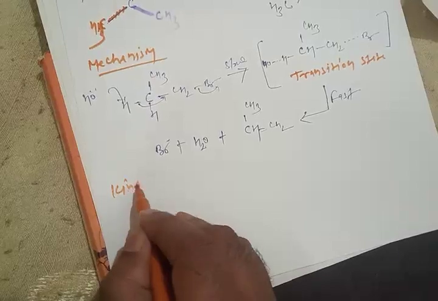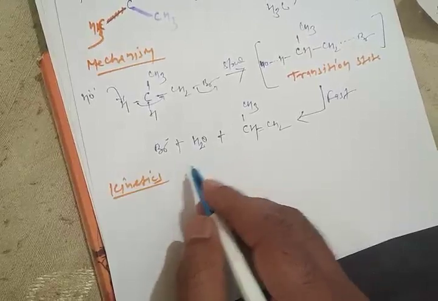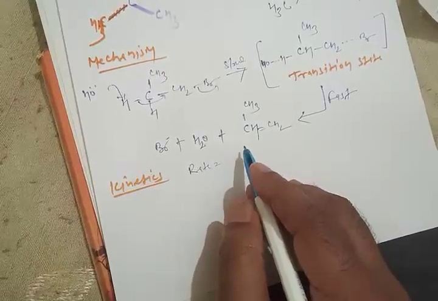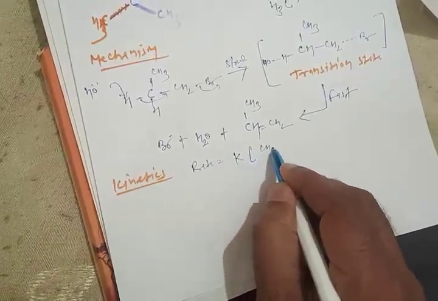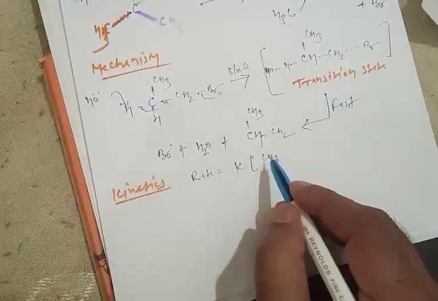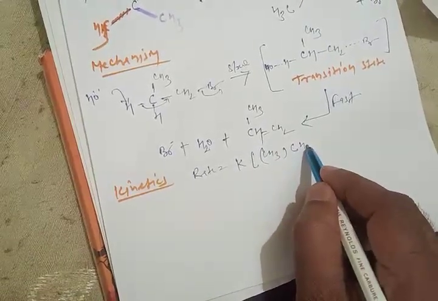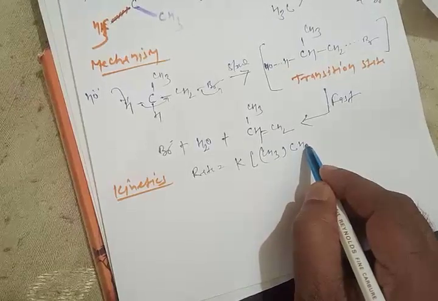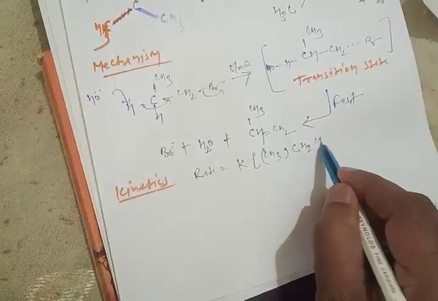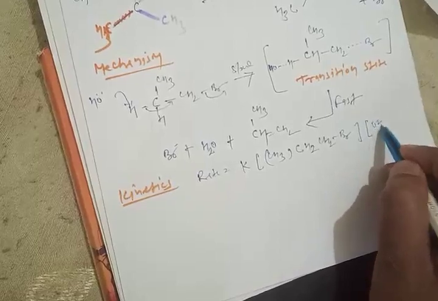Kinetic studies show that the reaction is of second order, because the rate of reaction is represented by k[CH3CH2CH2Br] and the base also.